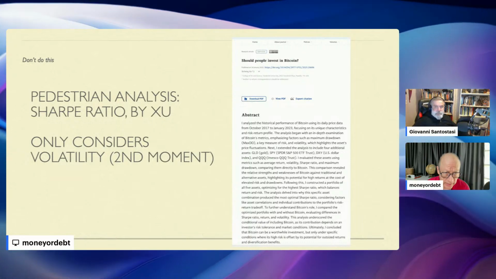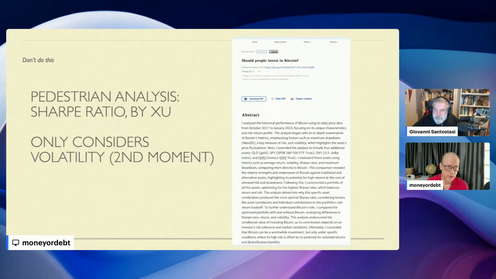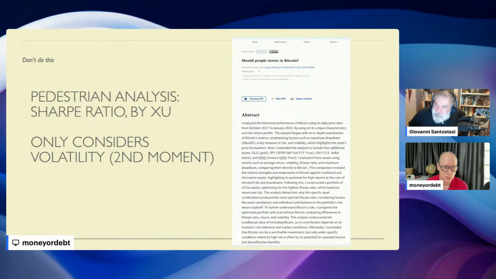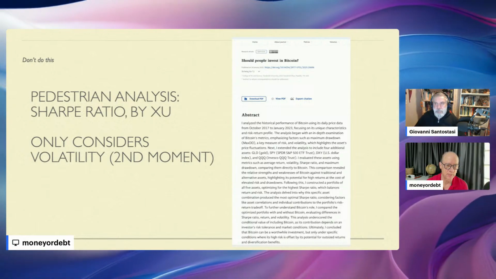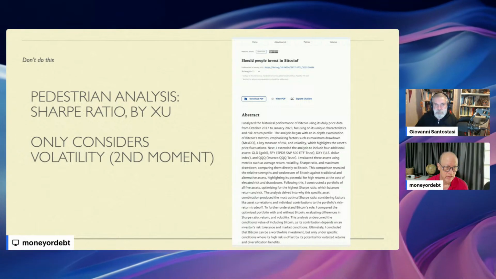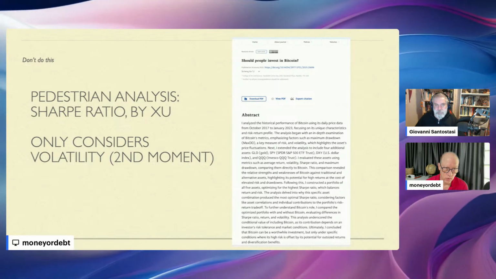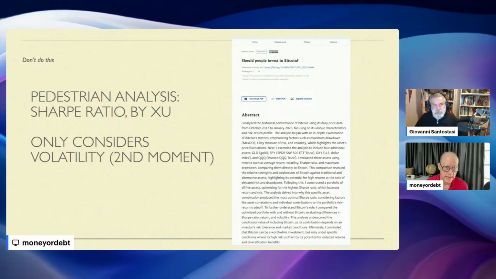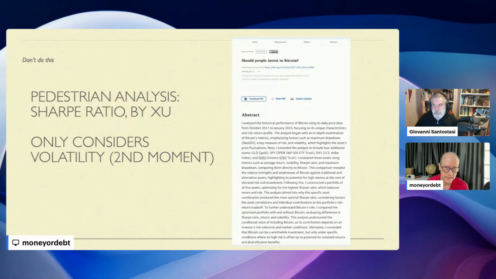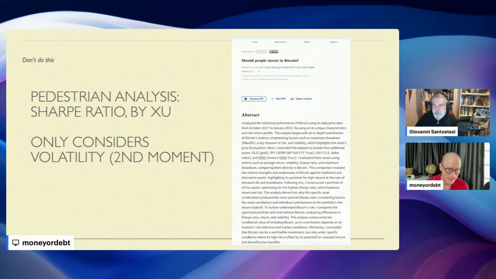And they do the same thing. And it's very curious because their price data runs from October 2017 to January 2023. It's the same time period as the other paper. And their analysis is of 4 assets: gold, SPY, DXY, and the Qs, in addition to Bitcoin. And those are exactly the assets in the other paper.